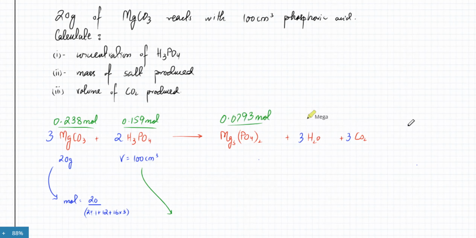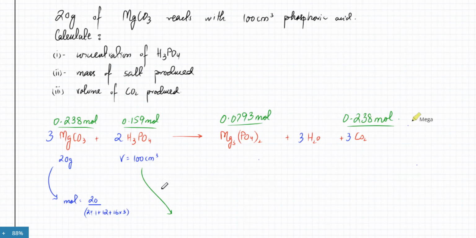And then we also have to find carbon dioxide. So that would be the same as the first one. So it's going to be 0.238 moles.